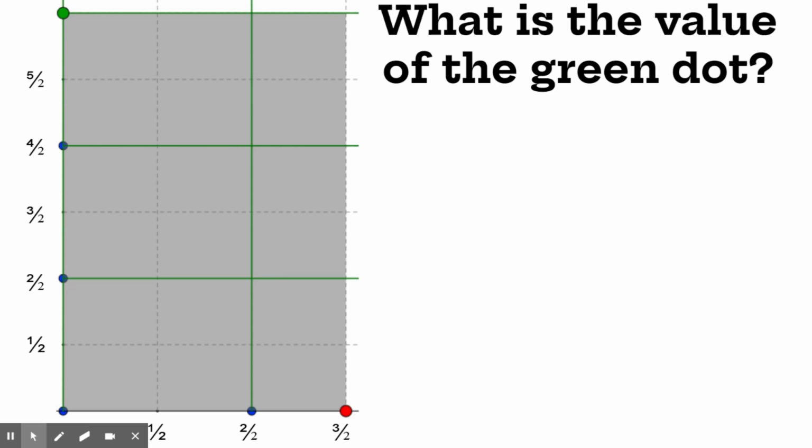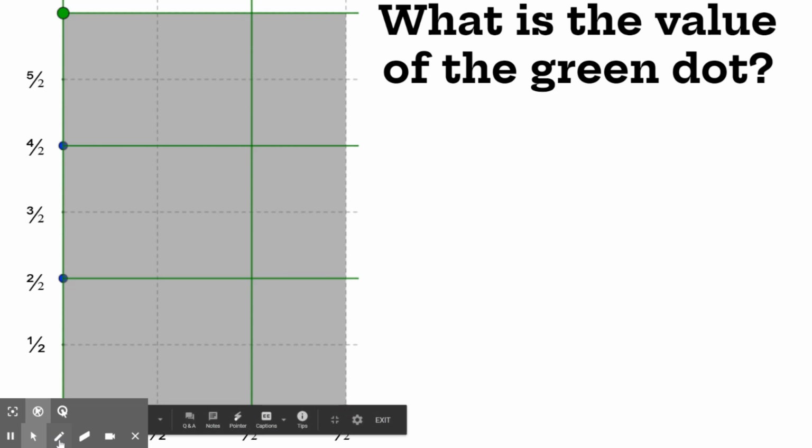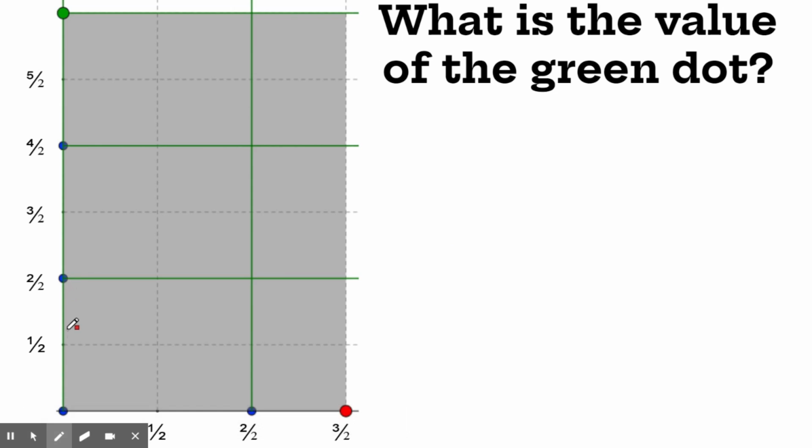And the value of the green dot, if you aren't really sure where I'm getting halves from, maybe if I kind of draw here real quick, that can kind of clear stuff up. So if you kind of look at these blue dots right here, that's one whole. From here to here is one whole.